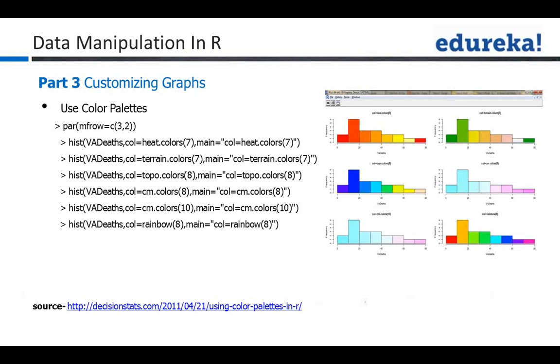So when you do rainbow, it's all different colors, red, blue, yellow, green, orange, yeah, this is the last one. Whereas when you see heat maps, it's a particular color scheme. And similarly, you have topo colors and terrain colors, so you can experiment with colors.